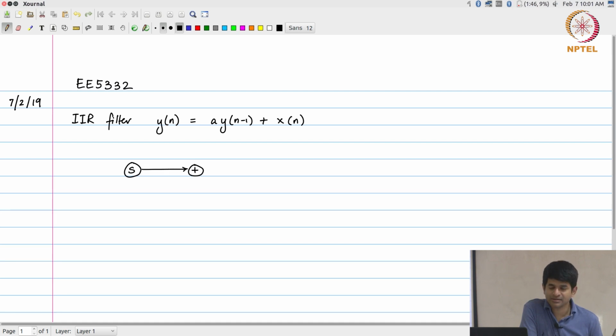There is an adder. The output of the adder is essentially the y of n. One sample delayed version of that adder goes through a multiplier with the coefficient a and comes back in here to the adder. Okay. So structurally you can see that it looks slightly different from what I drew yesterday, but that's just a question of how I have rearranged the nodes in the graph.